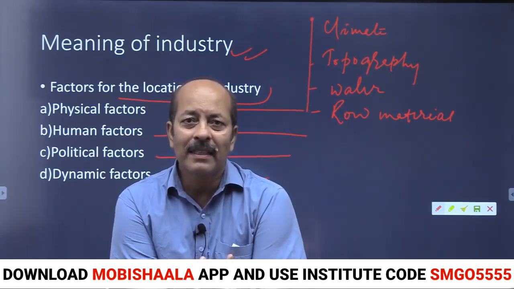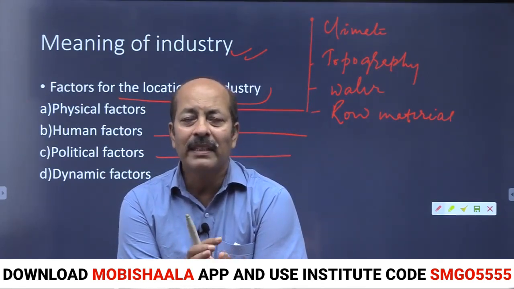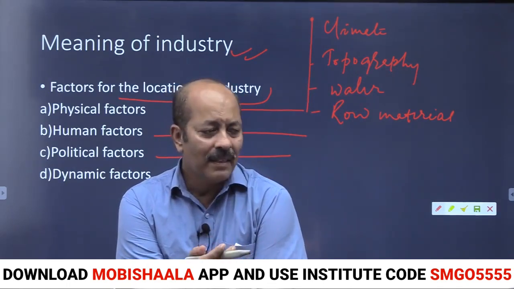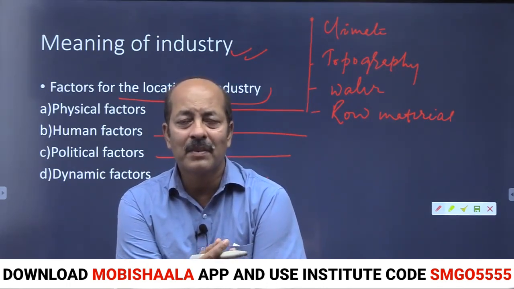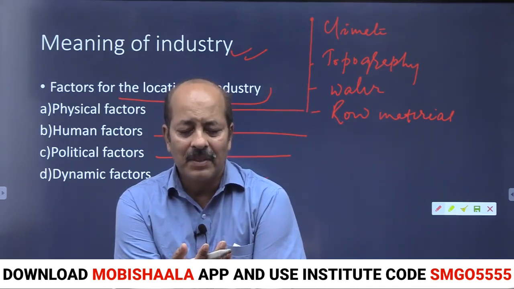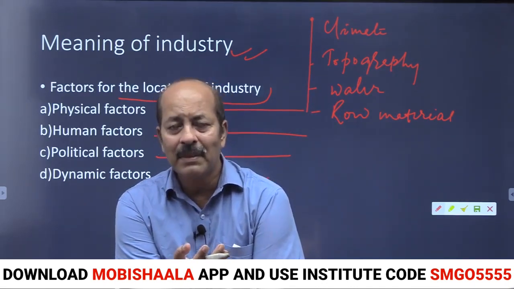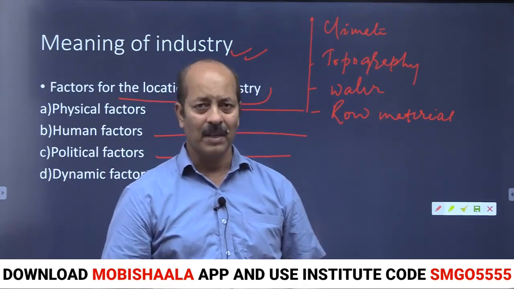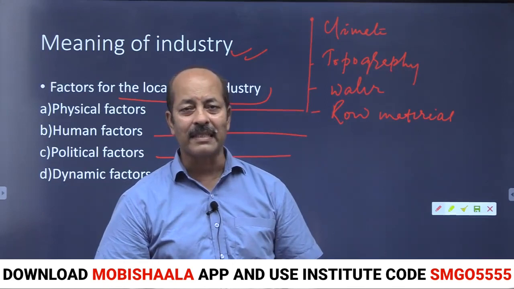Suppose we are going to locate the cotton textile industry. You will find that the cotton textile industries are mainly in the coastal areas of Maharashtra and Gujarat. It shows that the area has favorable climatic conditions. There is a huge amount of oceanic moisture, so threading is very easy.